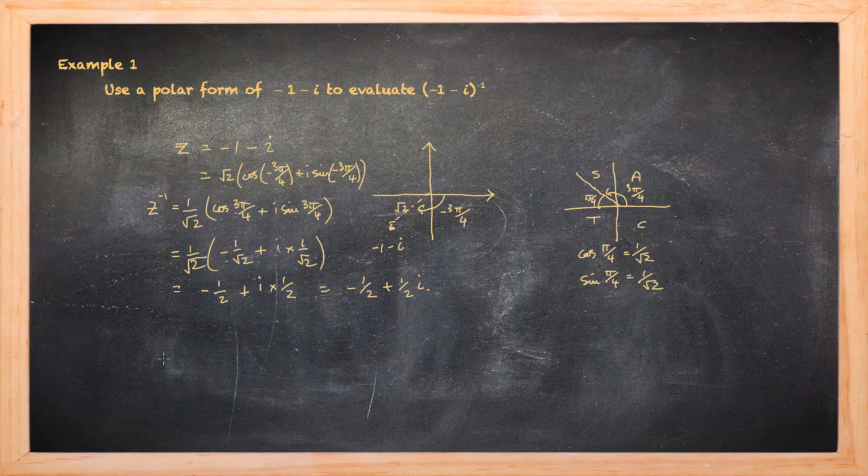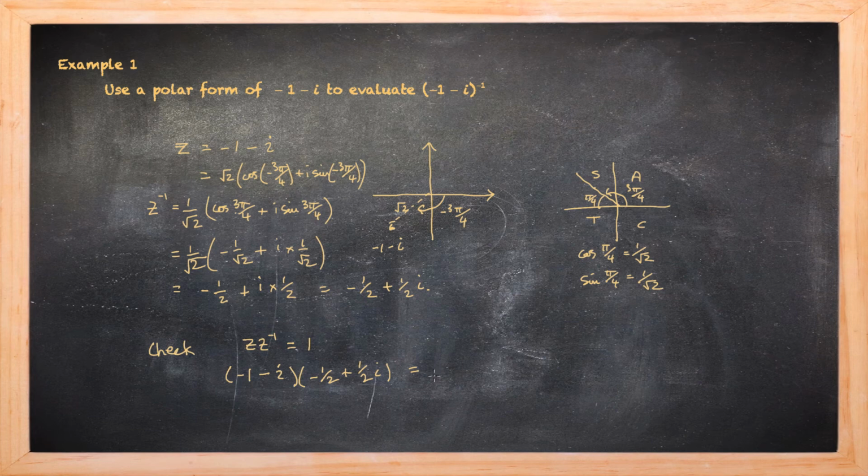Now, incidentally, you're not asked for this, but we could check this. Remember that z times z to the minus 1 is supposedly 1. So assuming that we got this answer right, then we surely will have the product of these two complex numbers giving us 1. Let's check that that's true. Now, the real part of this product will be from the first two terms.